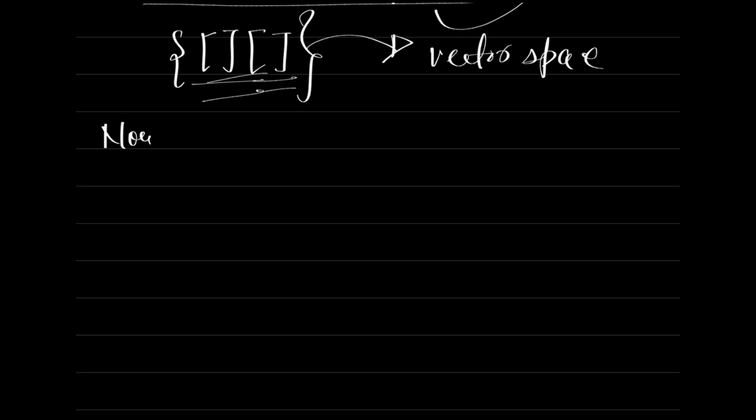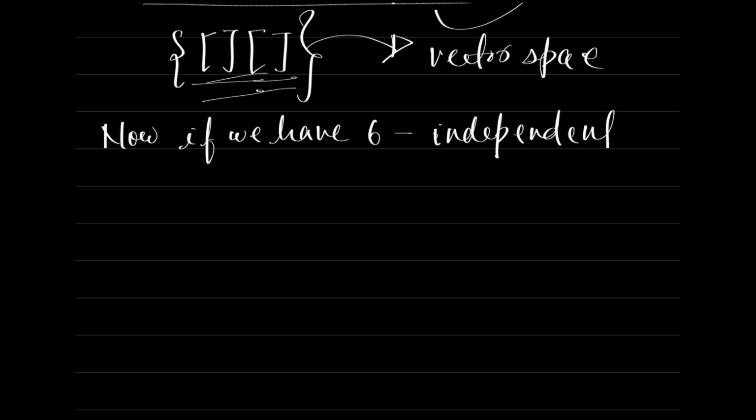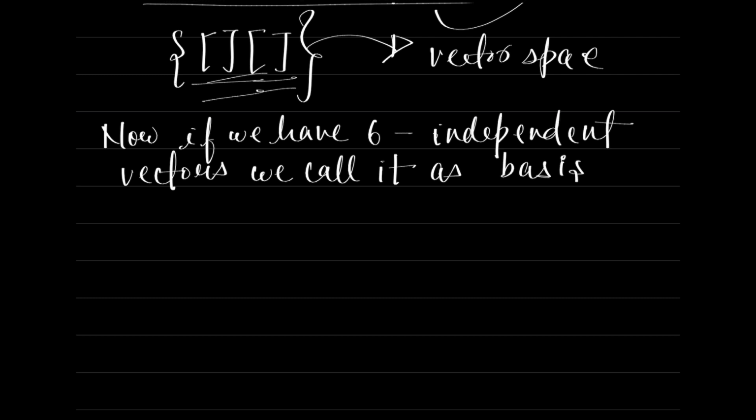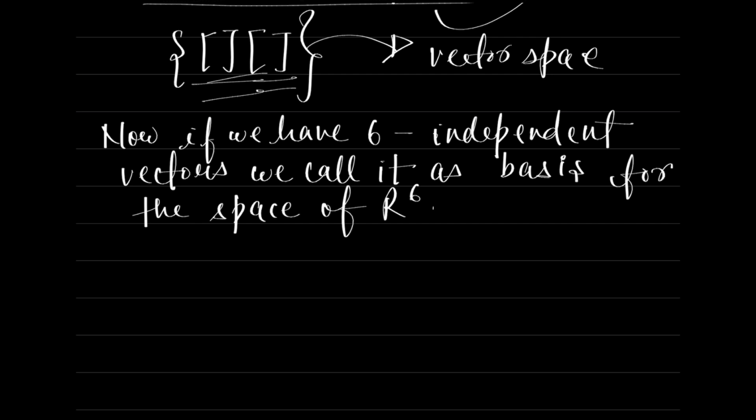Now if we have six independent vectors, we call it a basis for the space R power 6.